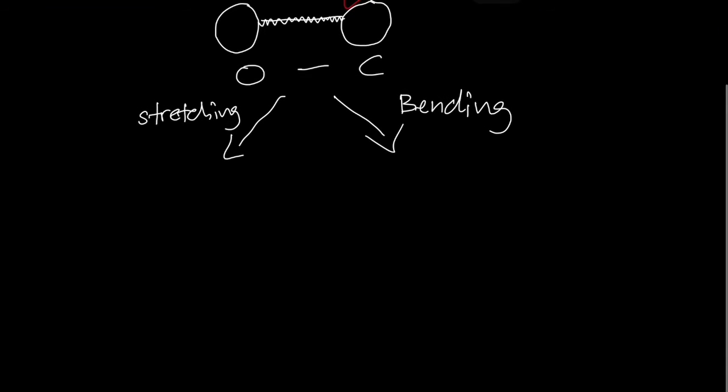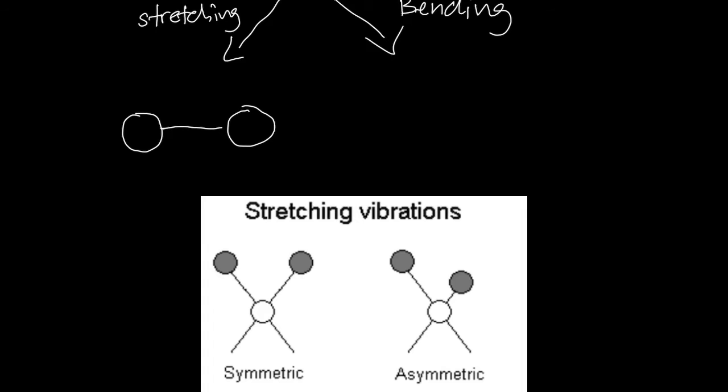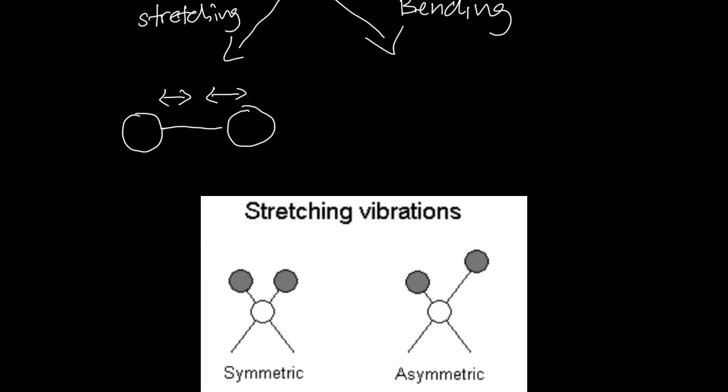In stretching and bending, the atoms are connected through bonds. In stretching, the changes occur along the line. So the bond is stretching, becoming longer and shorter, longer and shorter. This involves changes in bond length.